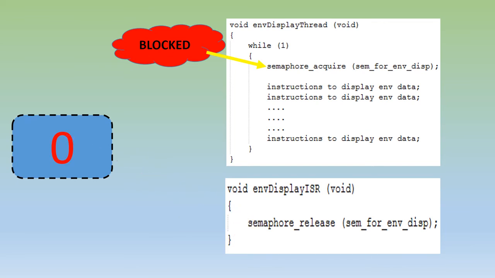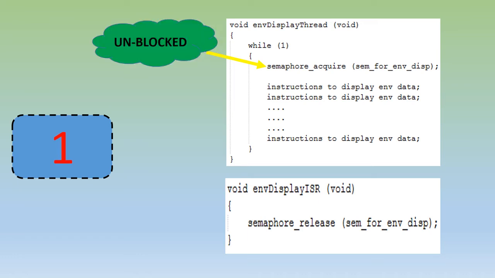Now watch the state of the semaphore: it becomes 1, meaning available. As soon as the semaphore is available, the thread waiting for it gets unblocked. Once the ISR is completed, the thread starts executing from the point where it was blocked, and from here it performs the instructions to display the environmental data.